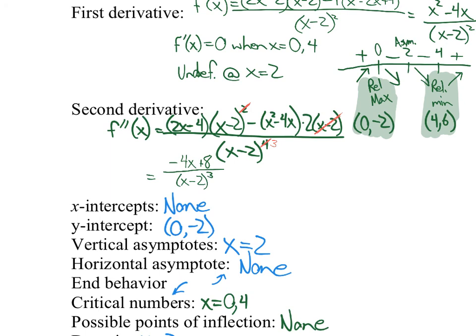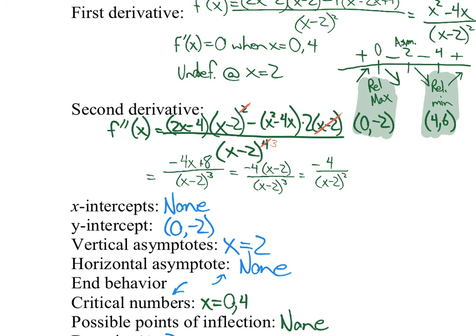Alright? So check this out. If I keep going, I'm going to factor out a negative 4, and I have an x minus 2 over an x minus 2 cubed. So this whole thing simplifies to negative 4 over x minus 2 squared.